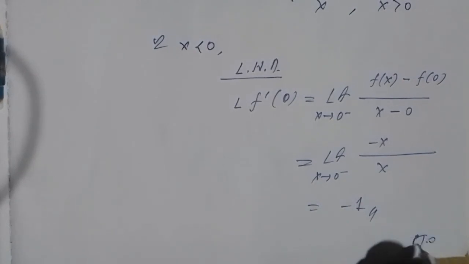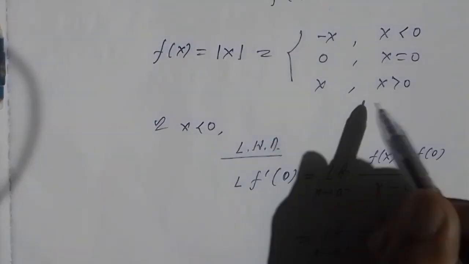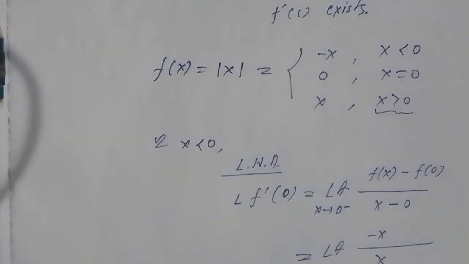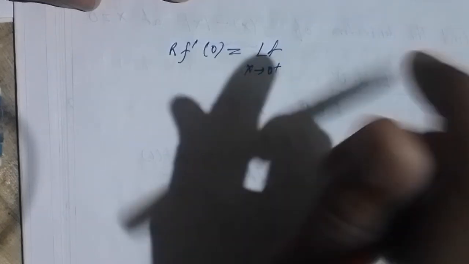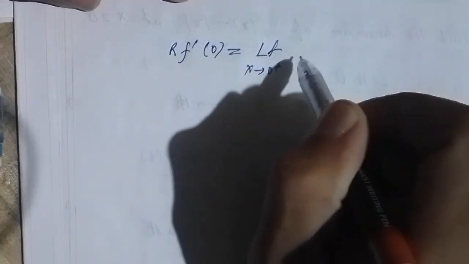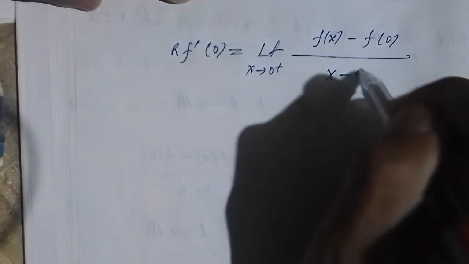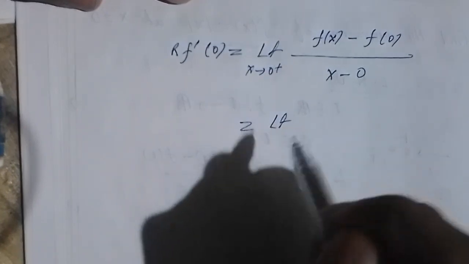Let's discuss the next case, the right-hand derivative for x greater than 0. According to the definition, the right-hand derivative R f'(0) is the limit as x tends to 0 positive, where x approaches 0 from the right-hand side, of (f(x) minus f(0)) divided by (x minus 0).